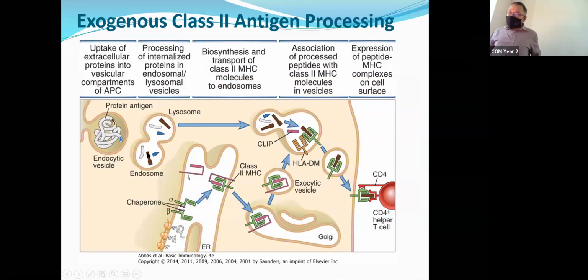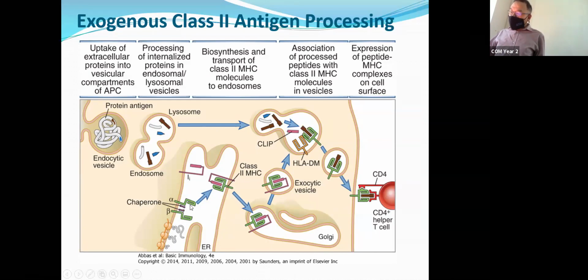While that is going on, you have newly made class 2 MHC molecules being created within the cisternae of the ER. So here, this is the messenger RNA, these are the ribosomes, and these are the newly created MHCs for both class 1 and class 2.